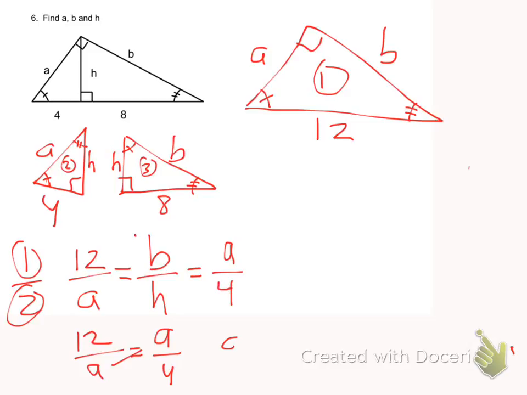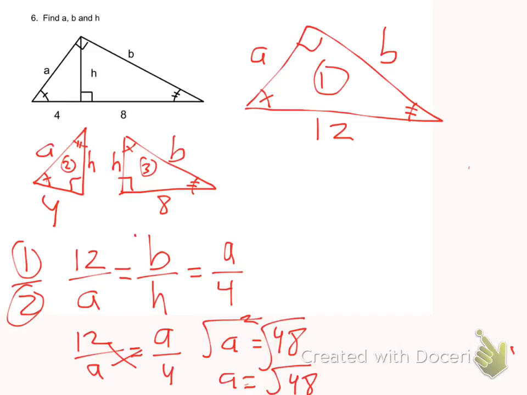So when I cross multiply, I get A squared equals 4 times 12? 48. And how do we solve for A? Square root. So A is equal to the square root of 48.